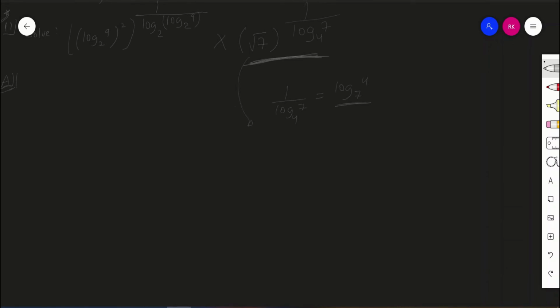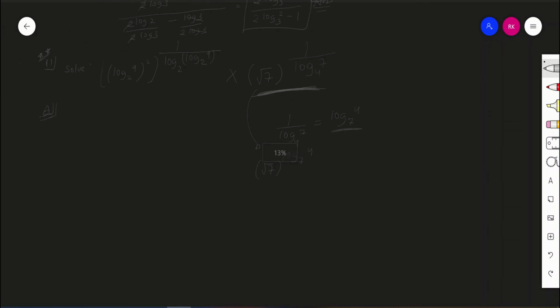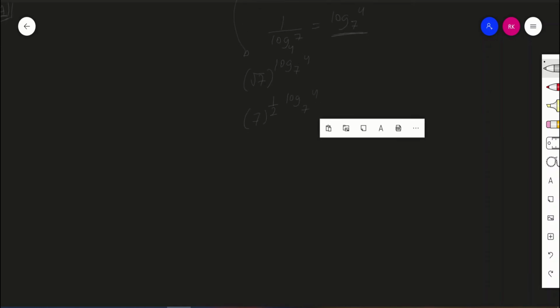So root 7 raised to the power log 7 of 4, and the 7 is a square root, so I can write this as 1/2. 7 raised to the power half of log 7 of 4.